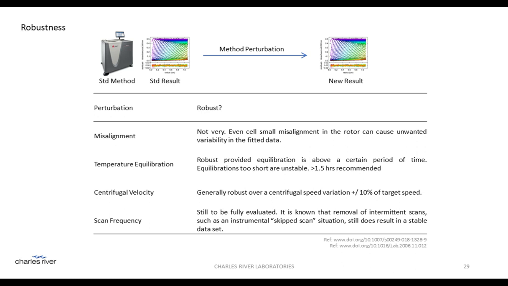Lastly, for robustness, we have the scan frequency parameter, which I must say is still a very active area of research in our laboratory. While we have yet to fully evaluate the effect of different scanning frequencies, or in other words, the different data density profiles, the density of these individual profiles that make up the raw data set, as you can see from the rainbow-colored curves, how densely those are packed, we do know, however, that occasional scans that may be missed, such as an occasional skipped scan by the instrument, do not perturb the data set to any significant degree.